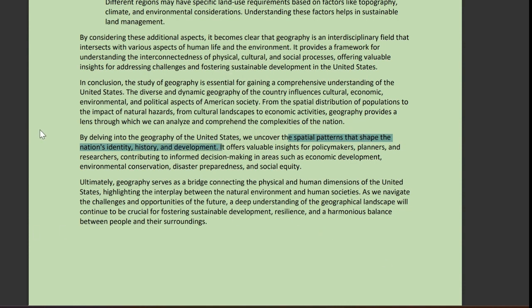This, of course, offers valuable insight for policy makers, planners, and researchers, contributing to informed decision making in areas such as economic development, environmental conservation, everything we saw before. So ultimately, geography serves as a bridge connecting the physical and human dimensions of the United States.